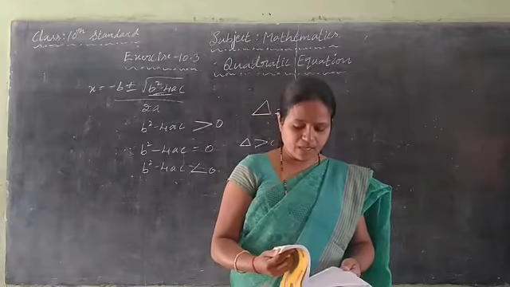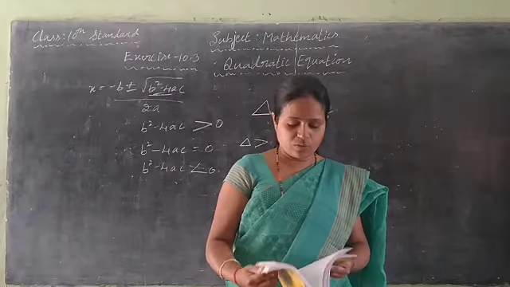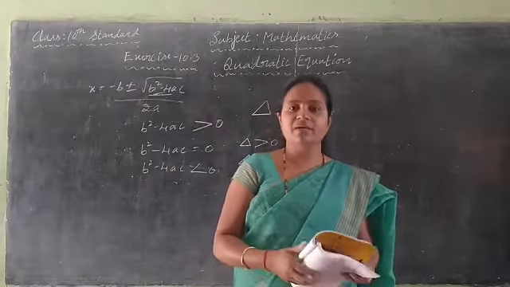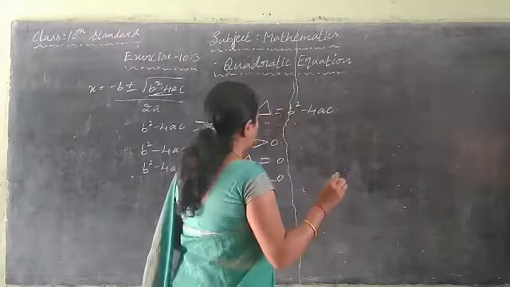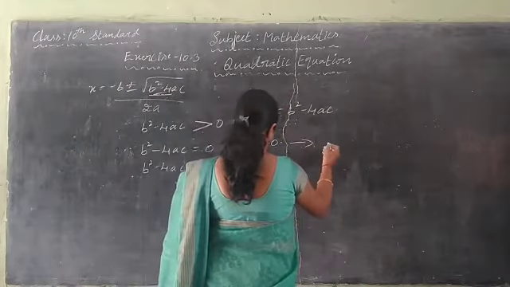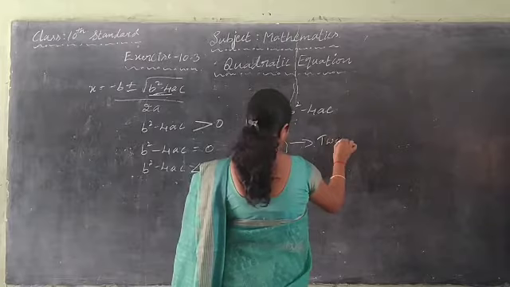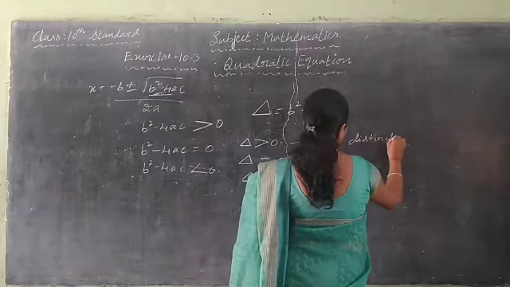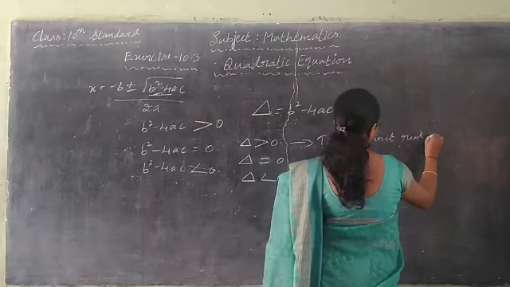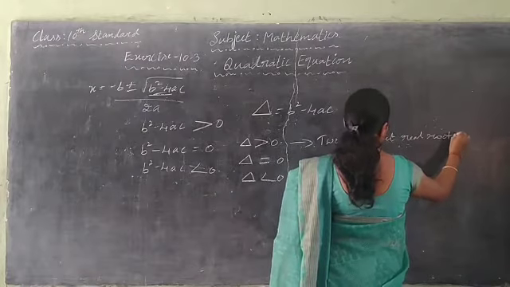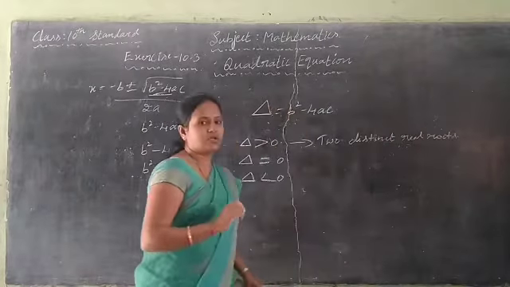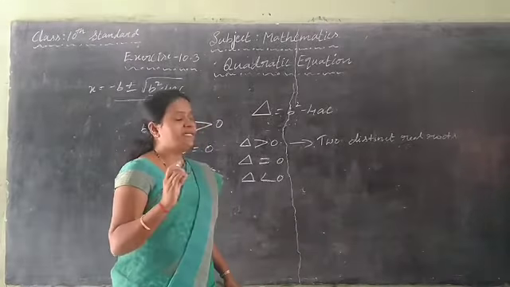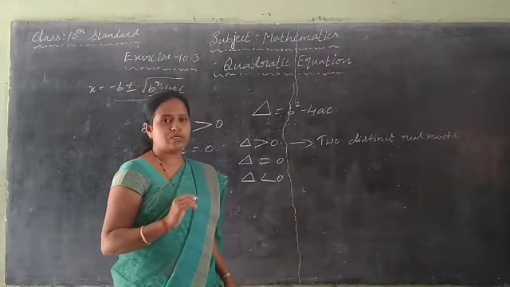If delta is greater than 0, children, we get two distinct real roots. So if delta is greater than 0, then we call the roots distinct real roots. Understood?